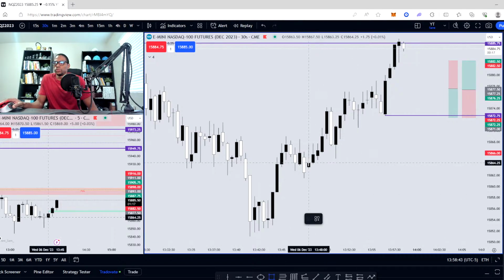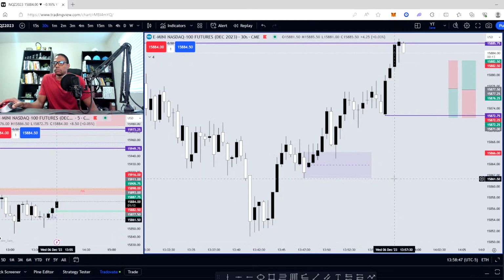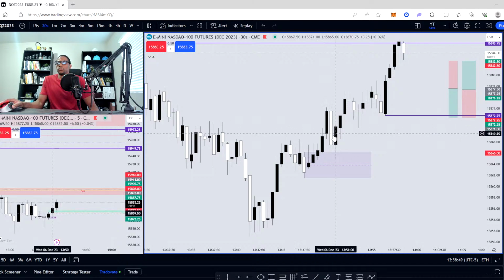Okay, so you would have used this as your order block. So the return down would have tapped into it, not quite 50%, but the top quarter, the order block, and then traded out of it.